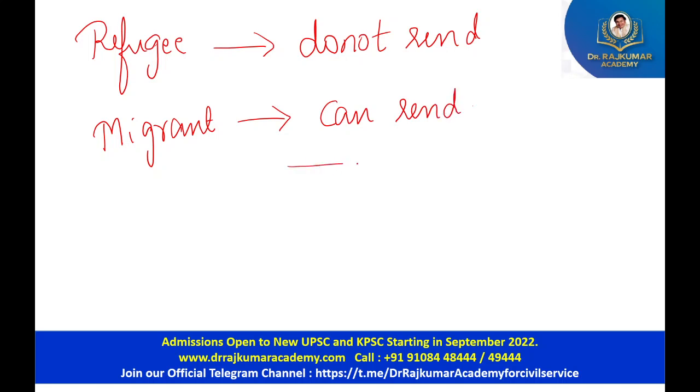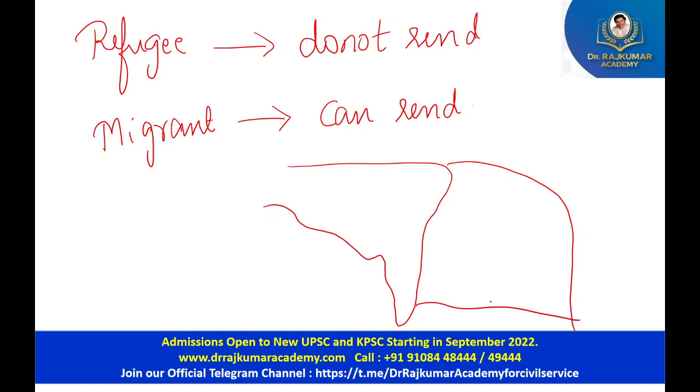Now let us talk about the issue. If this is your northeast India and this is Myanmar, Burma, in this region, you will have Rakhine state where Rohingyas are present.